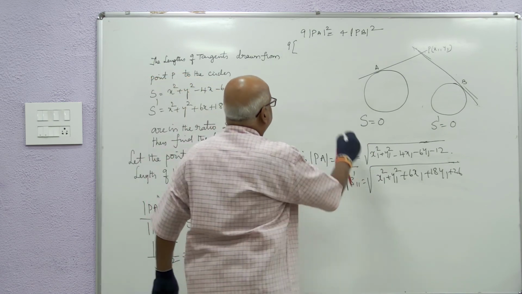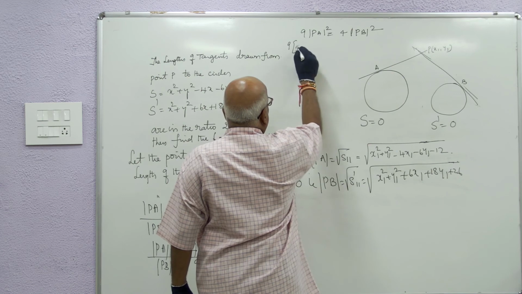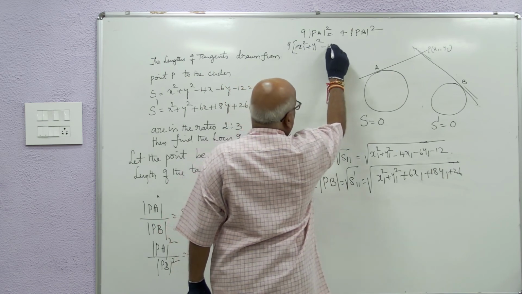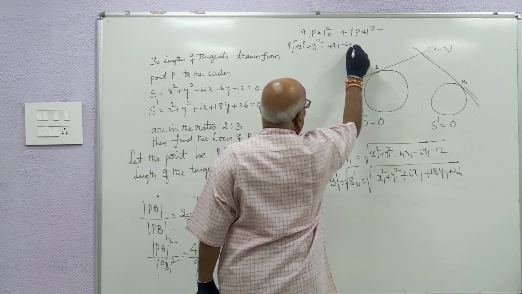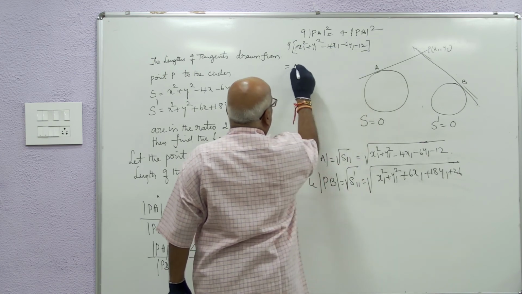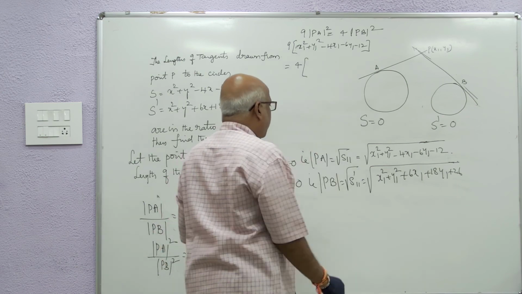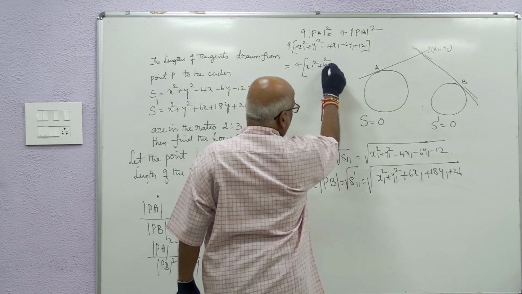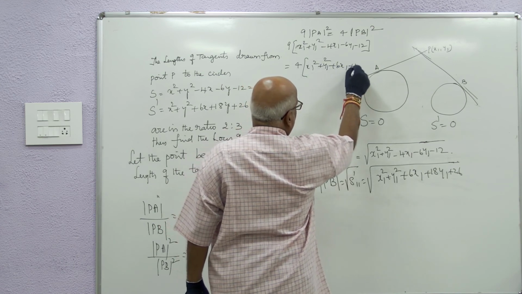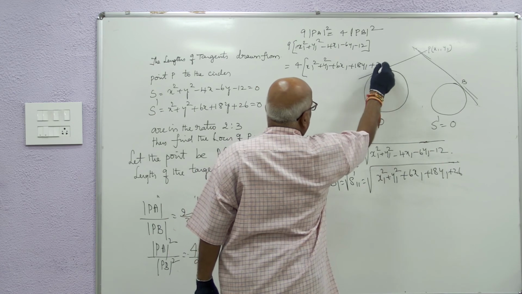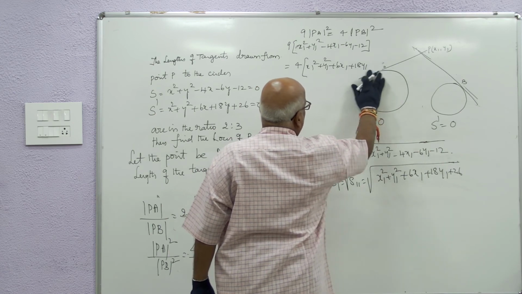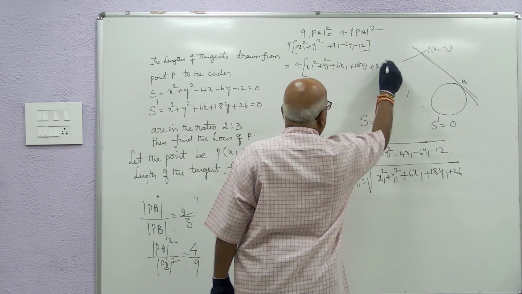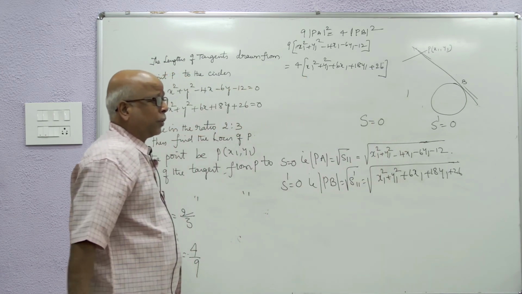Square of this one. 9 into x1 square plus y1 square minus 4x1 minus 6y1 minus 12 equal to 4 into x1 square plus y1 square plus 6x1 plus 18y1 plus 26. Bring all values to one side.